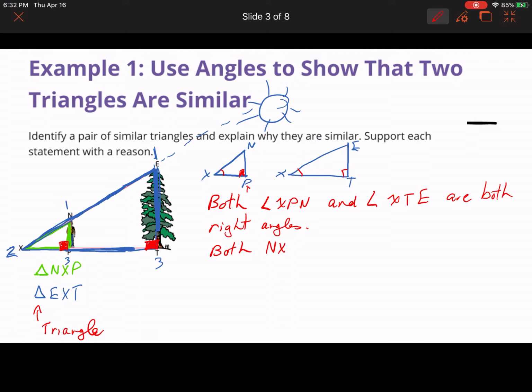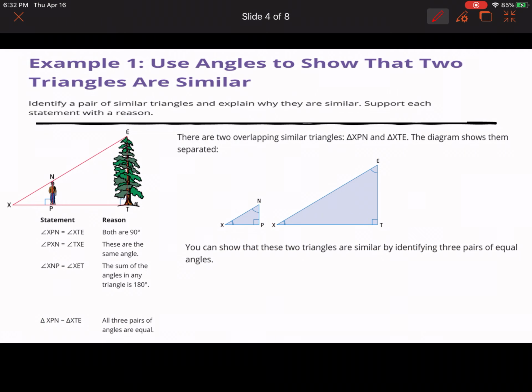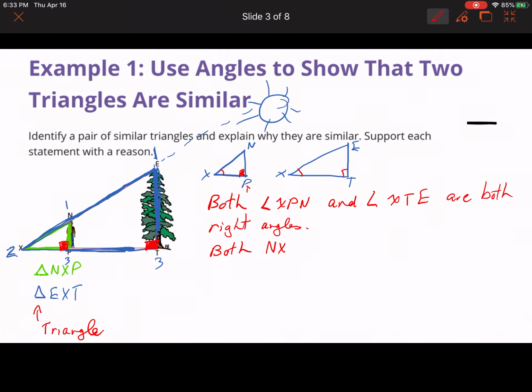Sometimes they just put angle X as well. I think this book puts all three letters. So angle NXP and angle EXT are the same because they just literally are the same.